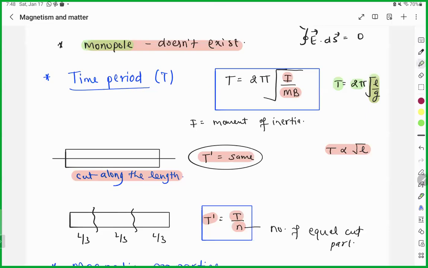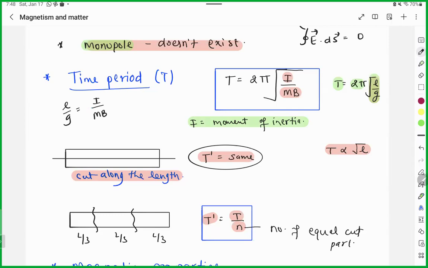Here, I is the moment of inertia. So according to this, L by G will be equal to I, moment of inertia, into M into B.